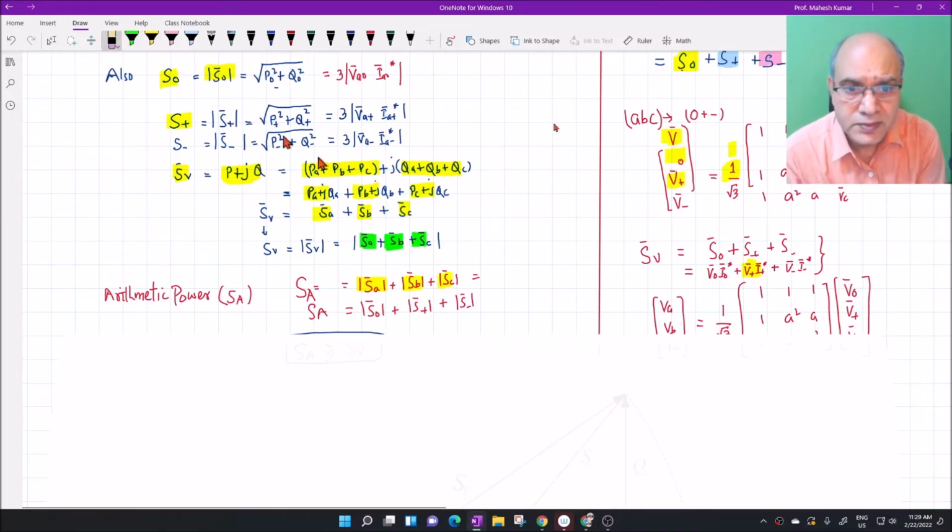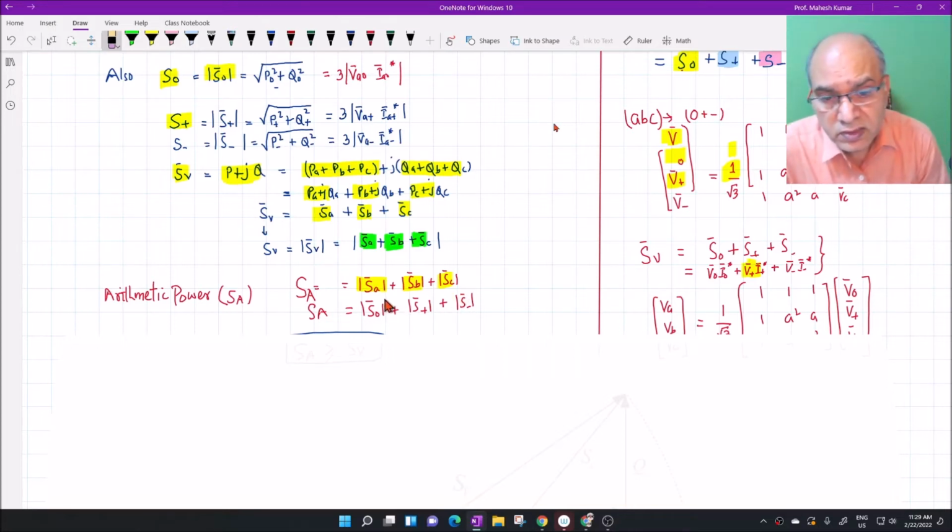Are you getting the point? We can add the mod of individual apparent powers for the phases. So this is SA bar mod. See the notation. SB bar mod, SC bar mod.